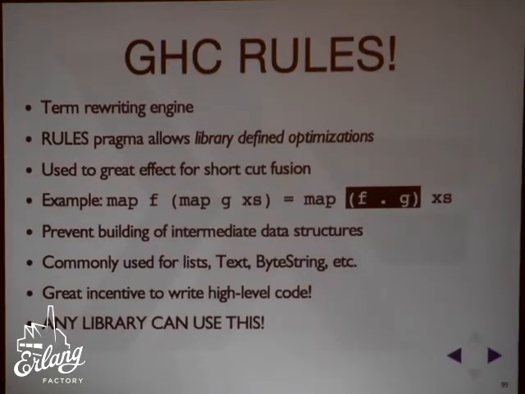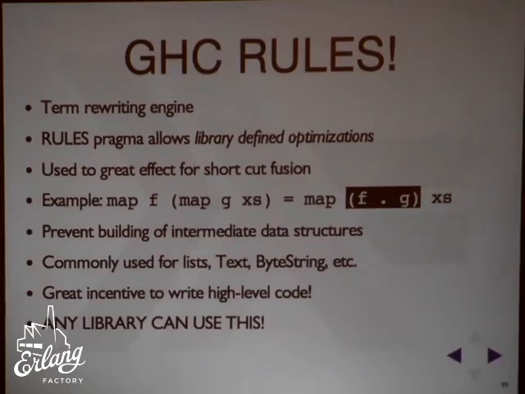But it's also used for other stuff. You have this use case with lists, but you also have it with text and byte string and other stuff. So in Haskell, you don't even necessarily need I/O lists because you can just write code that will automatically do the most efficient thing with that input.